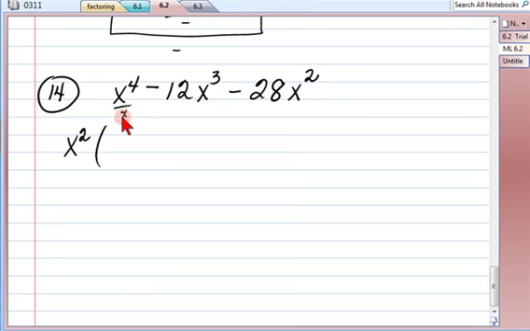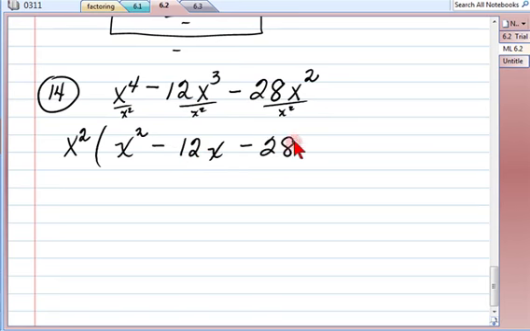If I divide x to the 2nd out of each one of these, I'm essentially using the quotient rule, which says to subtract the exponents. So I have x to the 2nd minus 12x minus 28. The trinomial that I'm looking at here appears to have the characteristics of trinomials that I know how to factor by trial and error.